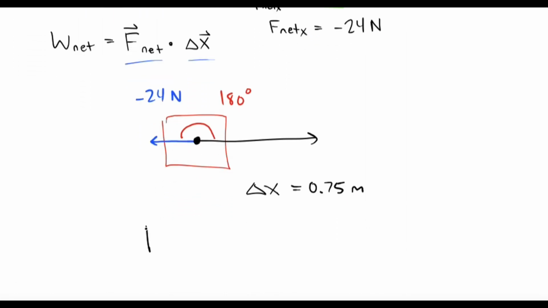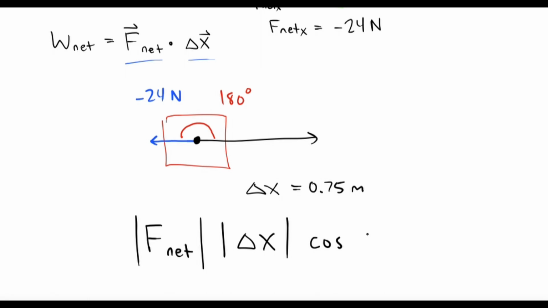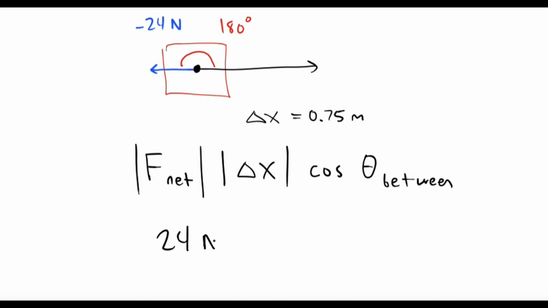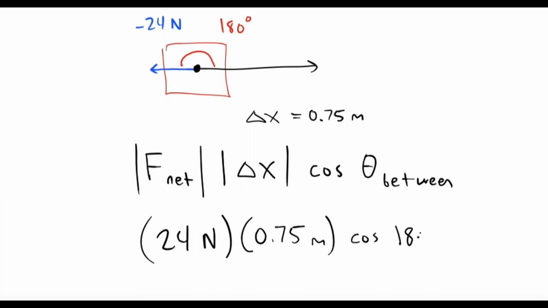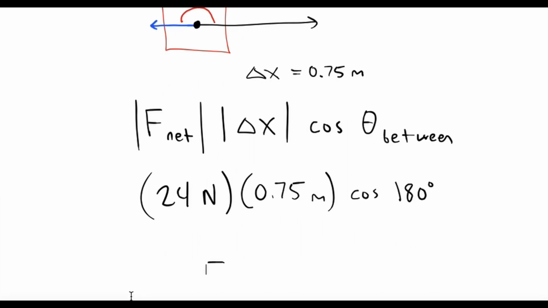So we need the magnitude of the force times the size of the displacement times the cosine of the angle between them. So what's it going to be? 24 times 0.75 times cosine of 180. I get 18.1 joules, but it's negative.